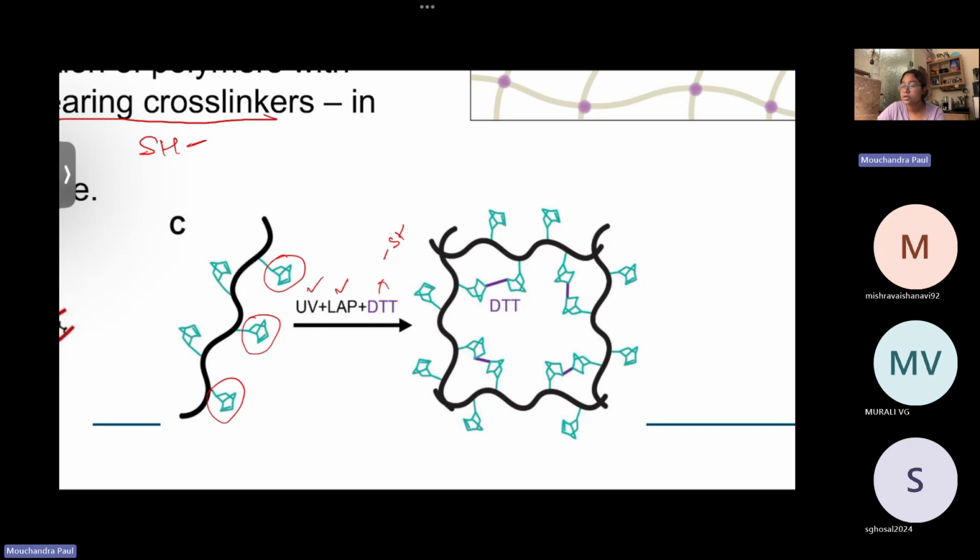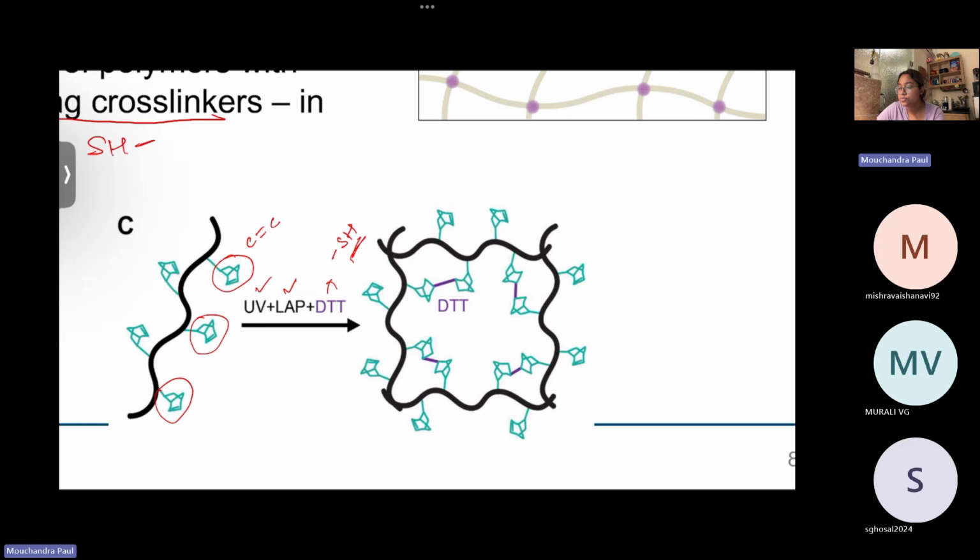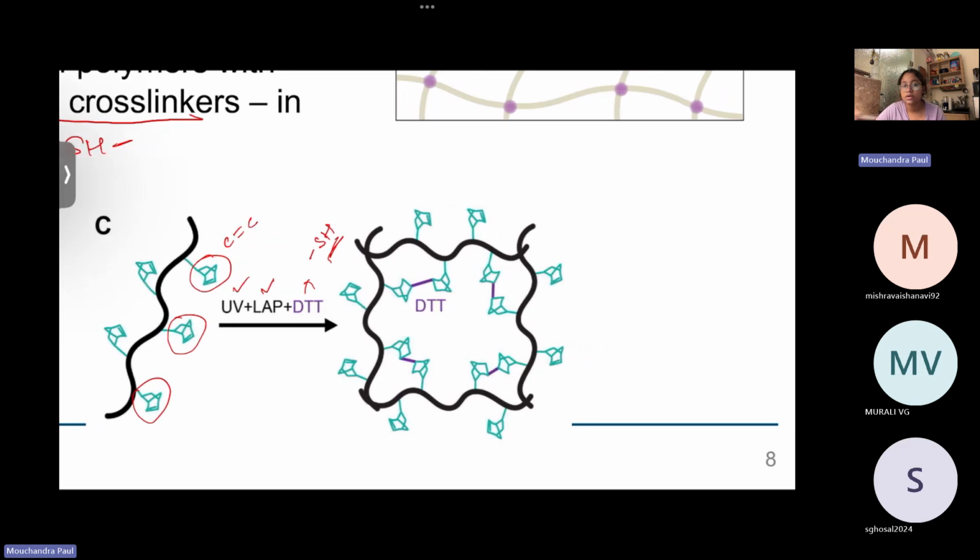Okay, so in presence of all these three things, you will see these norbornene groups contain a carbon-carbon double bond. They are attacked by the thiol group of DTT, and the DTT is now helping to form crosslinks, like bridges among the norbornene groups. And as it does it, the polymer chains are now covalently cross-linked. Okay.